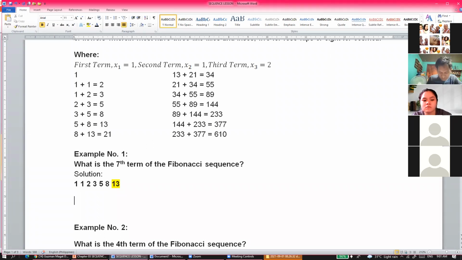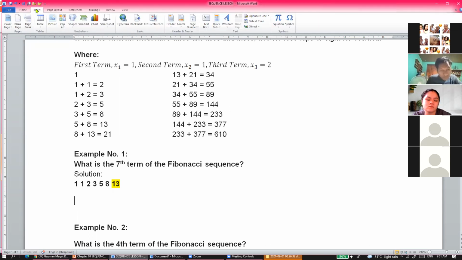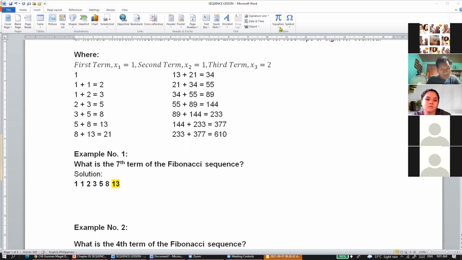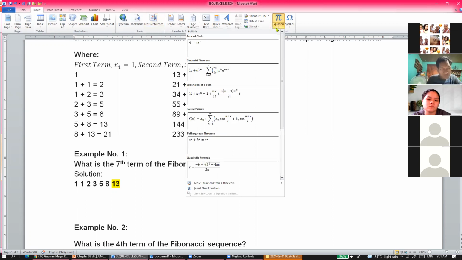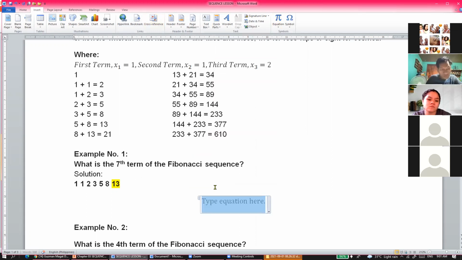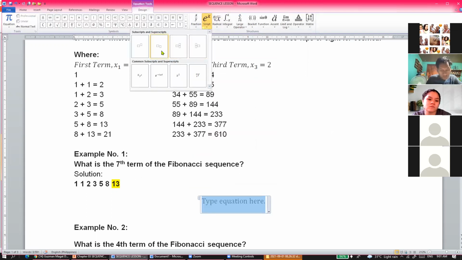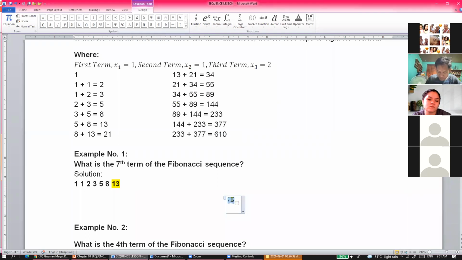Now, ito yung gagawin ko. The 7th term of the Fibonacci sequence, I will write x sub 7. X sub 7 is actually the 7th term of the sequence. Ang x sub 7, if it is the 7th term, definitely the 6th term and the 5th term are x sub 6 and x sub 5.